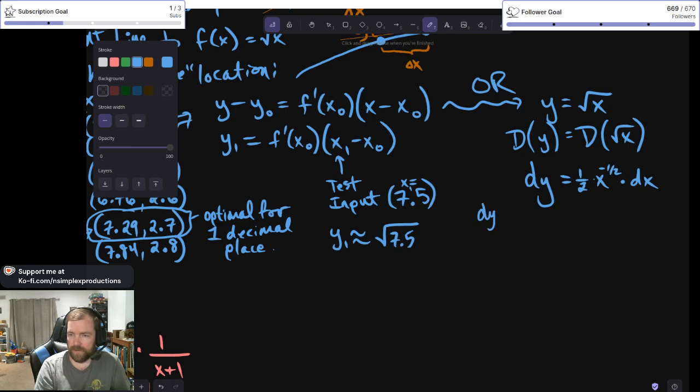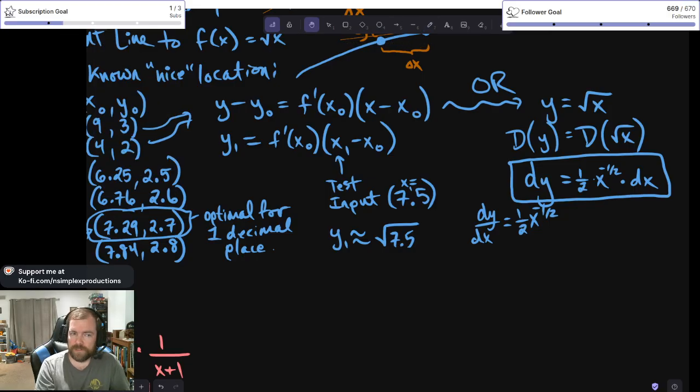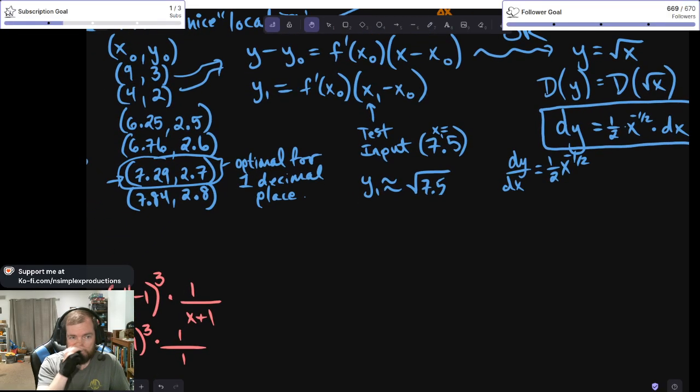Whereas dy dx is equal to 1/2 x to the negative 1/2. We could also leave this as dy is equal to 1/2 x to the negative 1/2 dx. And now what we do is we say, what is the difference between the x values, the one we want and the one we know, and then the difference in y values is going to be dy.